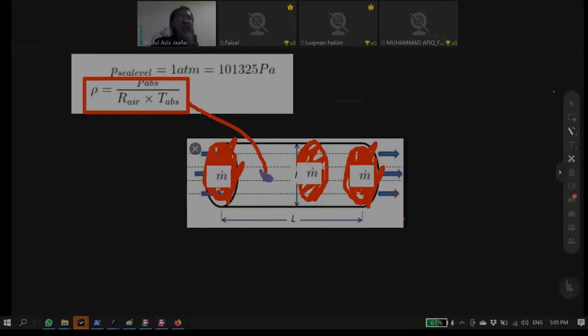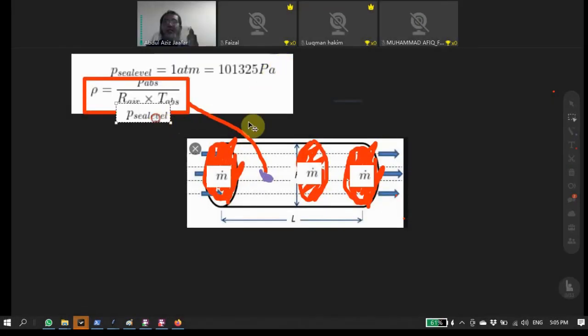This property has been covered in the earlier course like thermodynamics, right? So what about gauge pressure? When can you use gauge pressure? So let's say the fluid is moving. If we have atmospheric pressure at this location, let's say the outlet pressure is P at sea level.